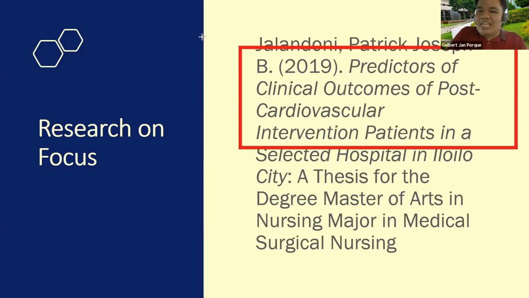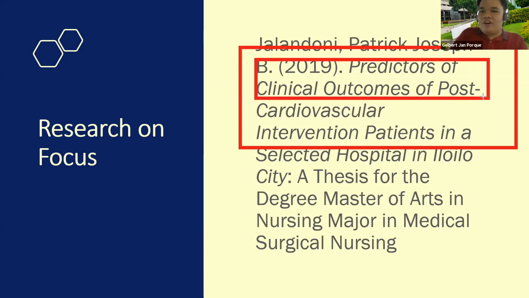So the study here of Patrick Calandoni focused on the predictors of clinical outcomes. We found out that if your patient has a renal problem, or had a previous incident, for example, of myocardial infarction, their risk for mortality after the procedure would already be increased.